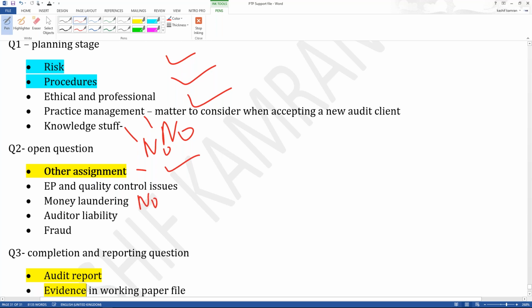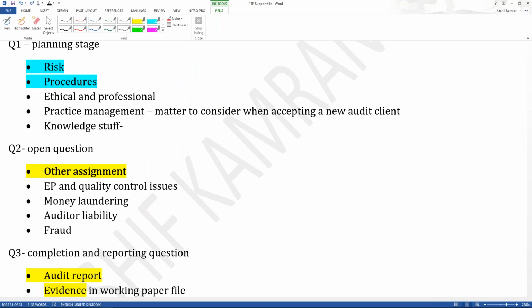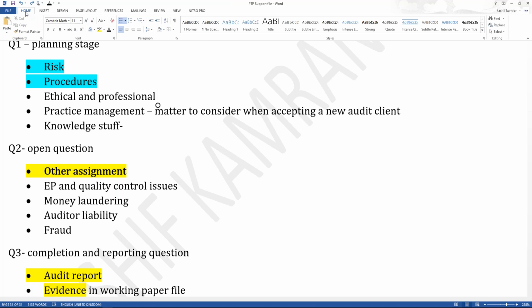Can you make a self appraisal in the next few hours of questions one, two, and three? Where are you standing? Where do you need to focus? Will this help you, everyone, find your missing areas where you need to focus in the next few days?